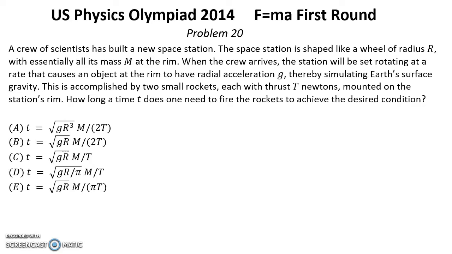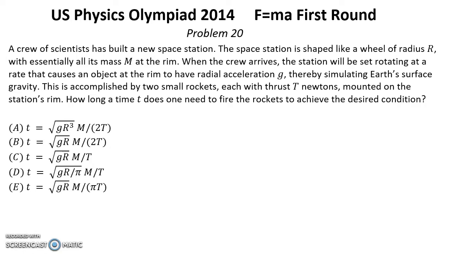This is accomplished by two small rockets, each with a thrust T newtons, mounted on the station's rim. How long a time t does one need to fire the rockets to achieve the desired condition?